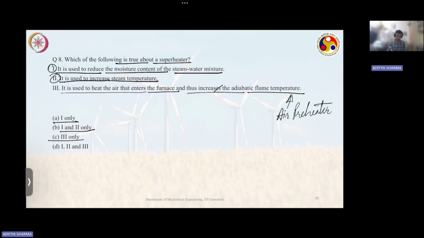This we did by superheating, right? So the first option is a correct statement, and the second option is also correct. We superheat the steam by means of a superheater, which eventually increases its temperature. So option B is the correct option.